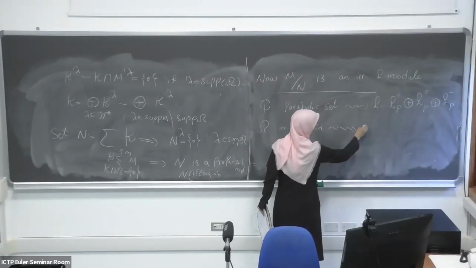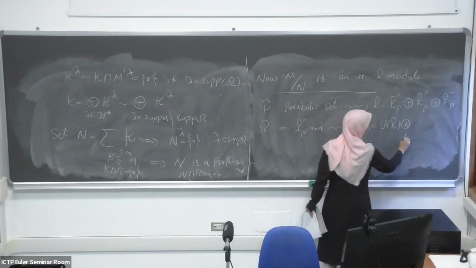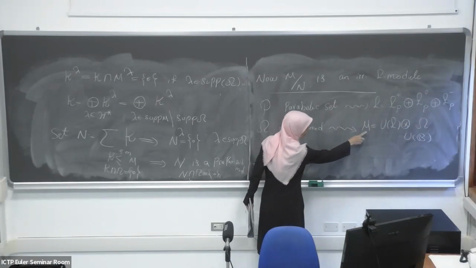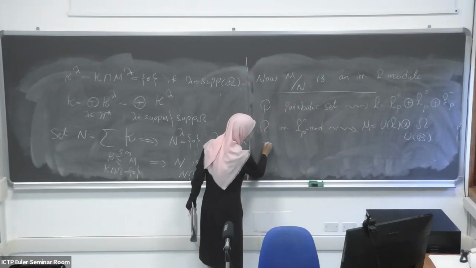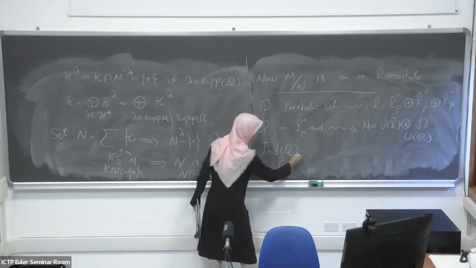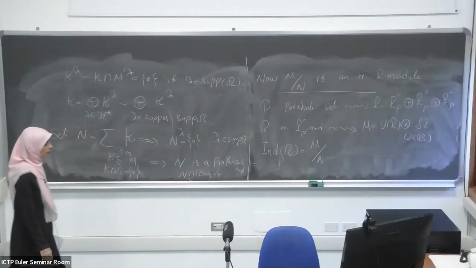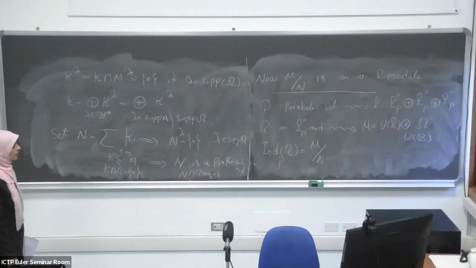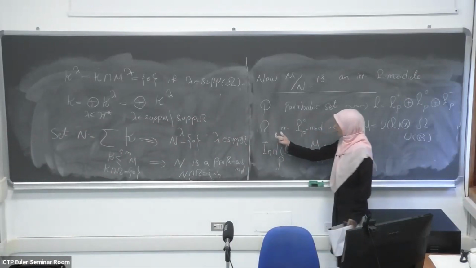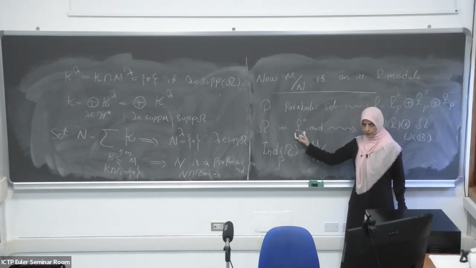Then I get M as U(L) tensor U(B) omega. This M is a weight module, and then I can form this module. This is an irreducible module, and the only problem here is that we don't know the irreducible modules of this part, right?